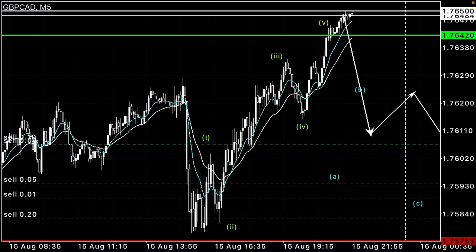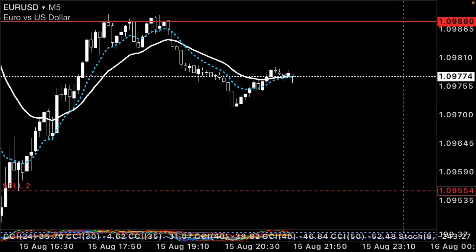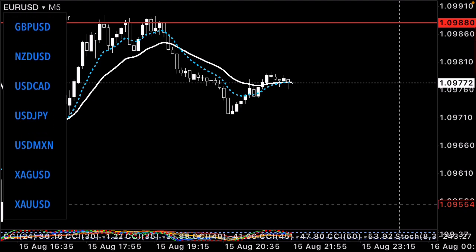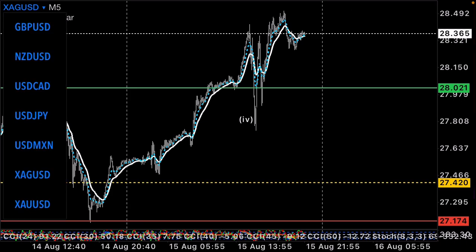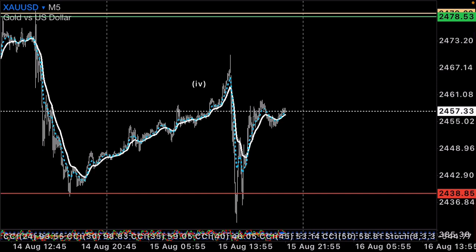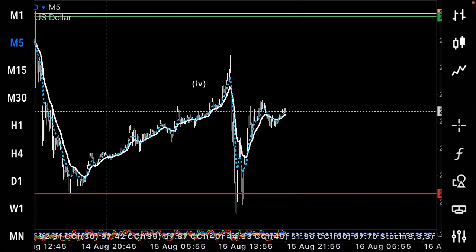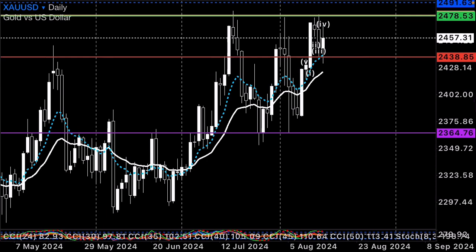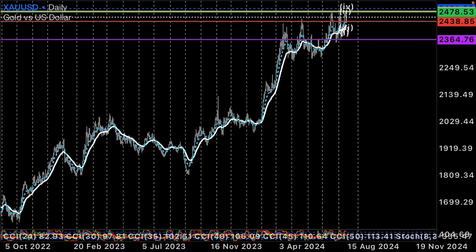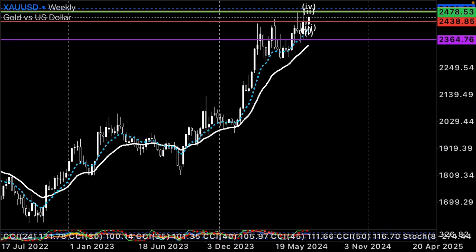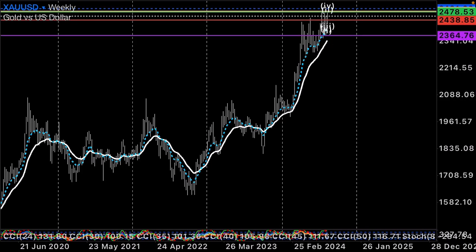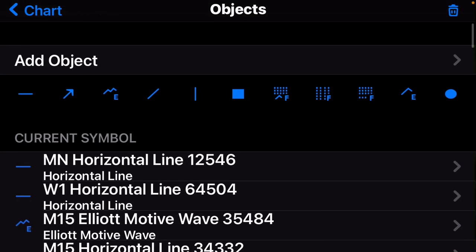See, but the thing is that silver and gold over here is kind of wanting to keep going up, especially gold. But gold might want to just stay topped out for a while, because that's its top right there at 2,500. It might be. See, that could be a weekly Elliott wave pattern right here.